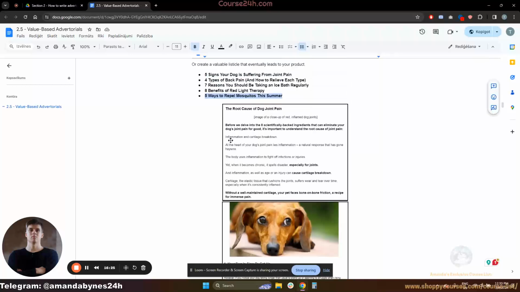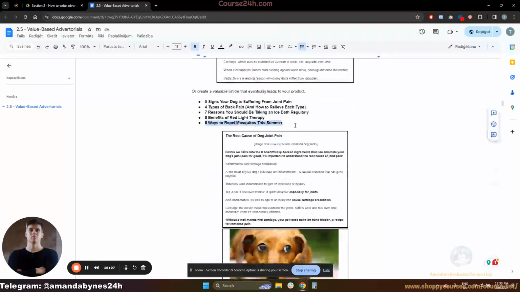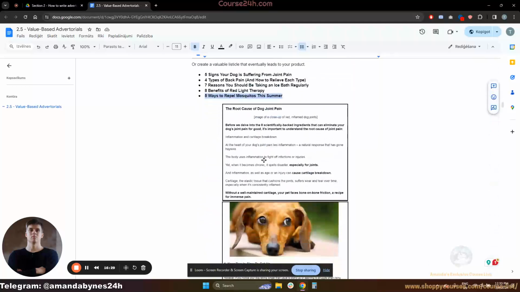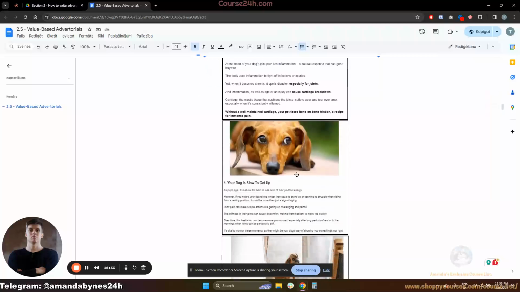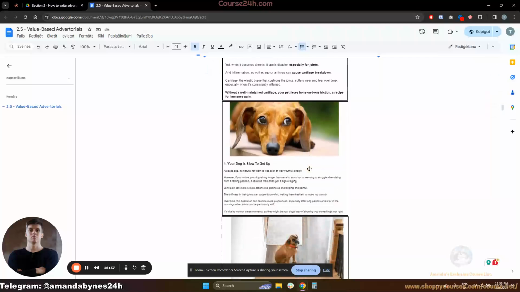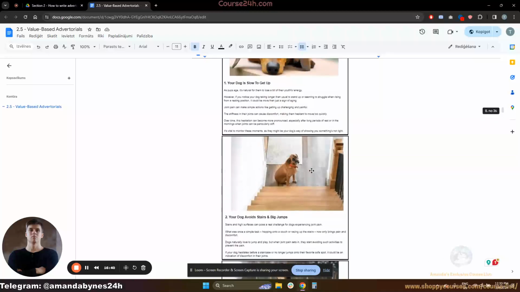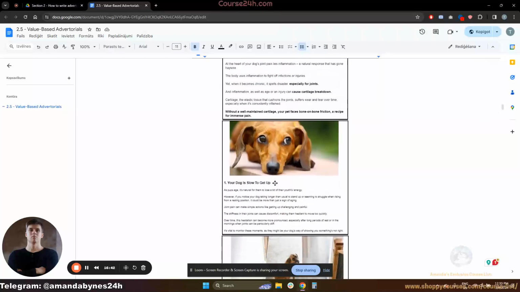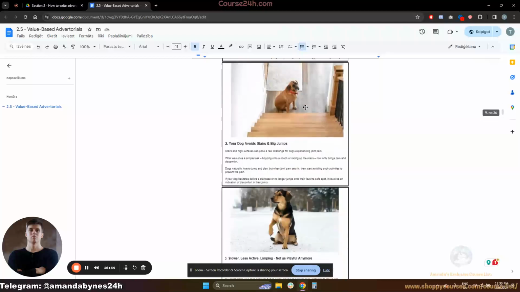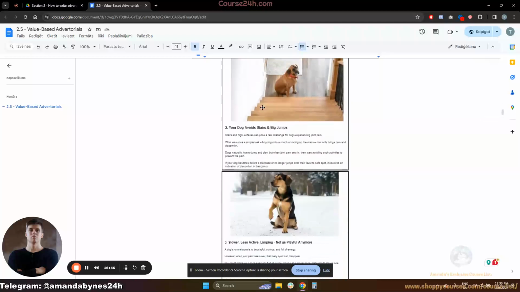Yeah, so basically explains the same thing as here, but it's much shorter, and then it basically goes into the details of the 4 signs your dog is suffering from joint pain, and then basically describes each sign, and then explains it more deeply why this sign is actually happening.